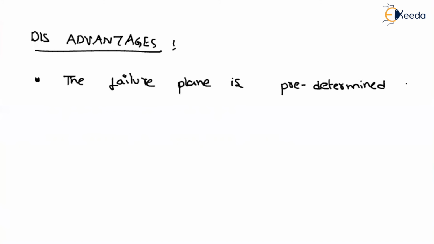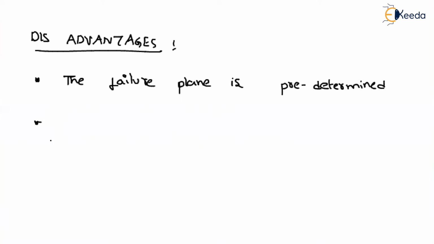So that may not be the weakest plane. In real conditions, it is not always possible that the failure plane occurs in the horizontal direction, right? So the failure plane may be different, but here we are always considering the failure plane acting along the horizontal direction.